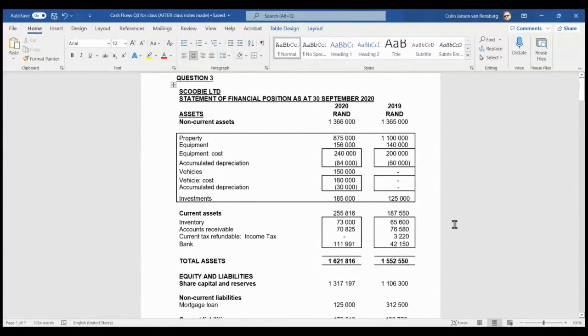At the beginning of any financial year, your accounts receivable being a current asset, will that opening balance be a debit or a credit?